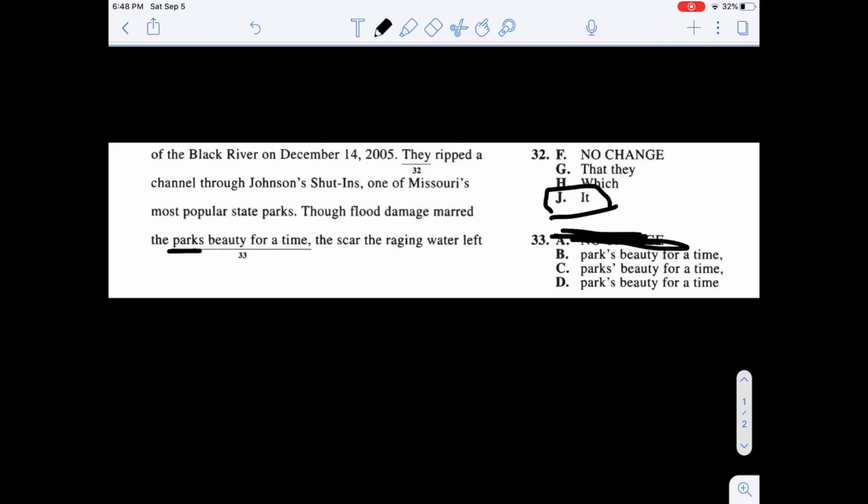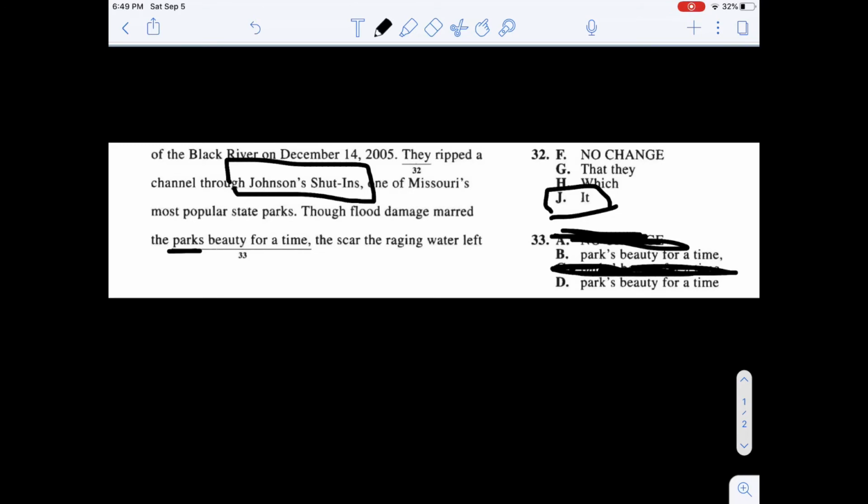So it says, it ripped a channel through Johnson's Shut-ins, one of Missouri's most popular state parks. We can see that it's just one state park. It's this one. Whatever Johnson's Shut-ins is, we don't have to know what that is, but we know that it's talking about that specific singular park. So we can safely eliminate C now, since it's not talking about more than one park.